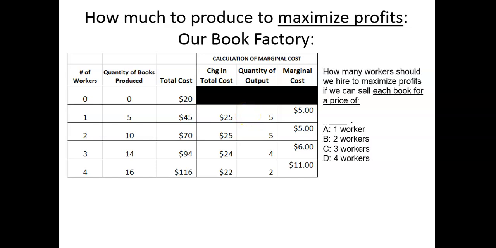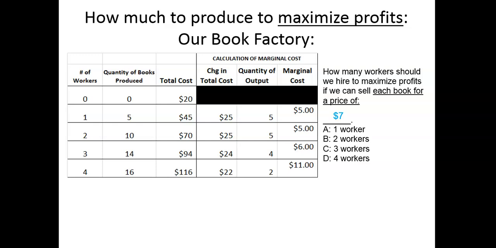Well, let's talk about revenues, i.e. how much are we going to be able to sell the books for that we produce? So let's imagine that no matter how many workers we hire, and thus however many books we produce, imagine we can sell each book for a price of $7.